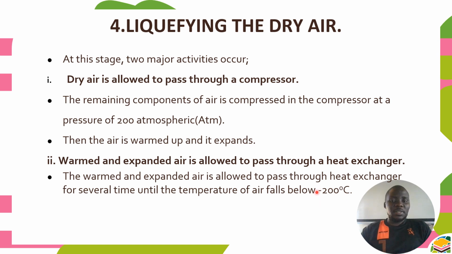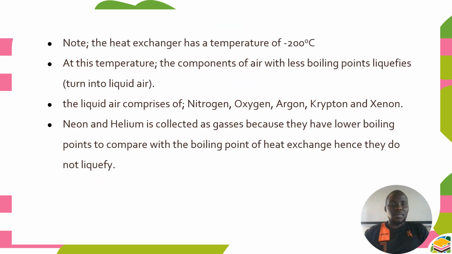So what it means is that in that particular chamber, the air will still be moving up and out. The warmed and expanded air has a high temperature. When it comes here, the chamber has a low temperature. It will move several times so that it changes into liquid form by lowering its temperature.